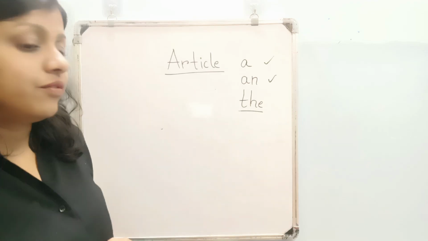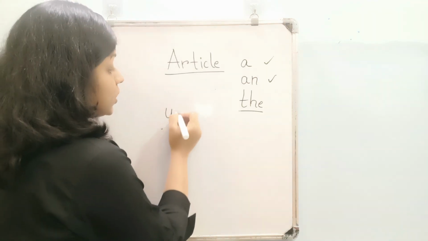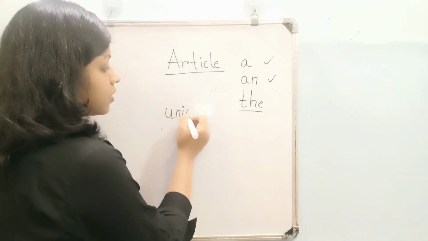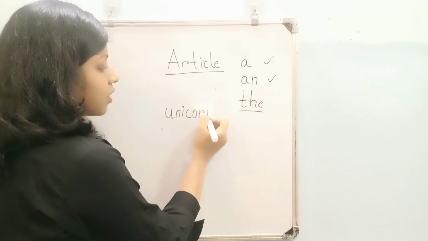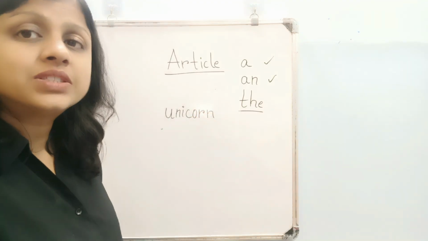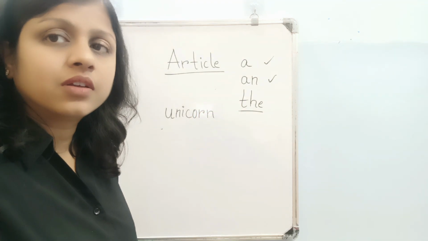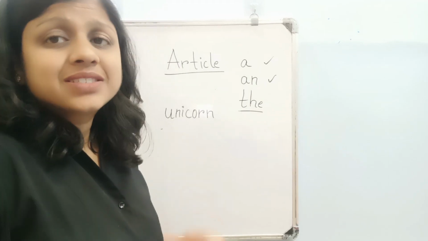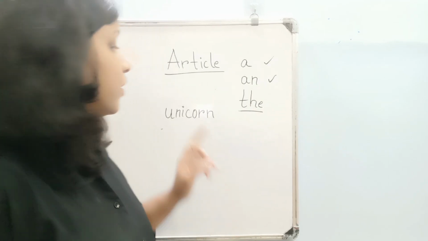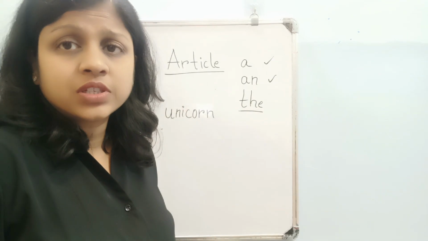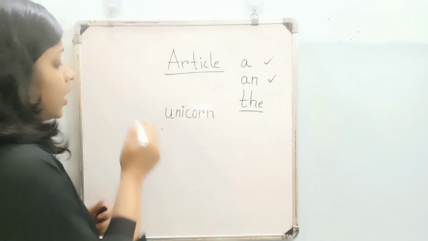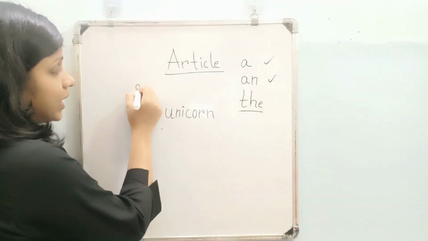Like when we are saying unicorn, it's starting with U, which is a vowel. So it should be article an.